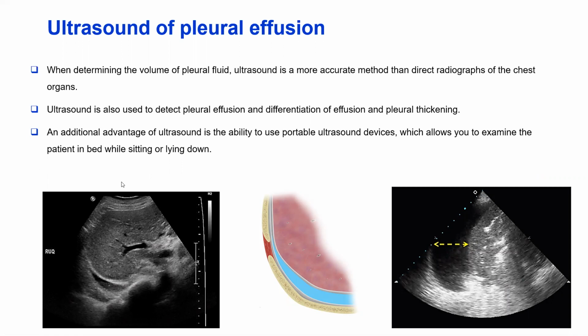The ultrasound approach is also used to detect pleural effusion and to differentiate effusion from pleural thickening. An additional advantage of ultrasound is the ability to use portable ultrasound devices. We can use this device in patients in heavy condition.